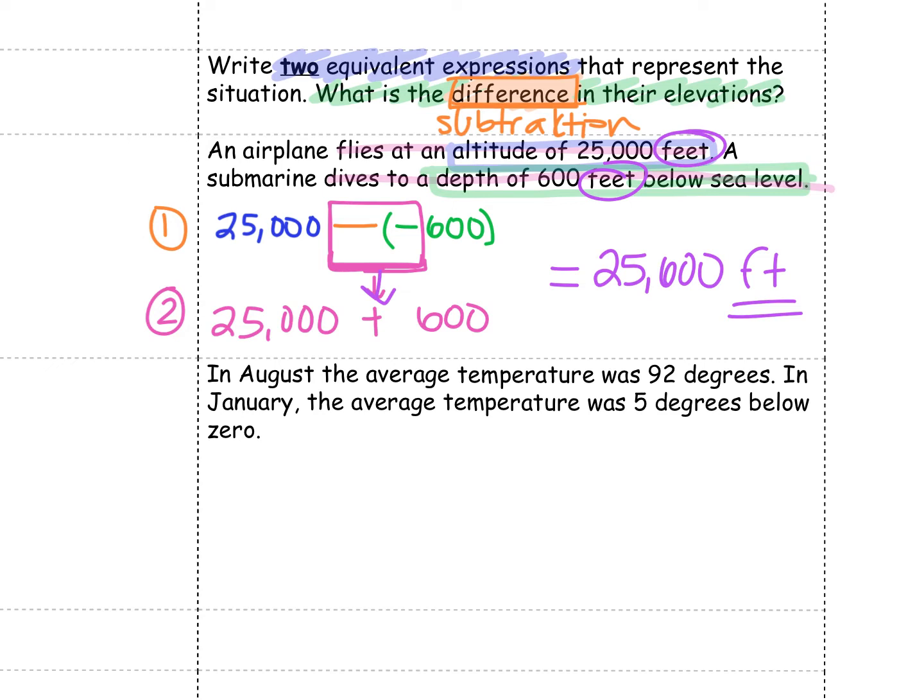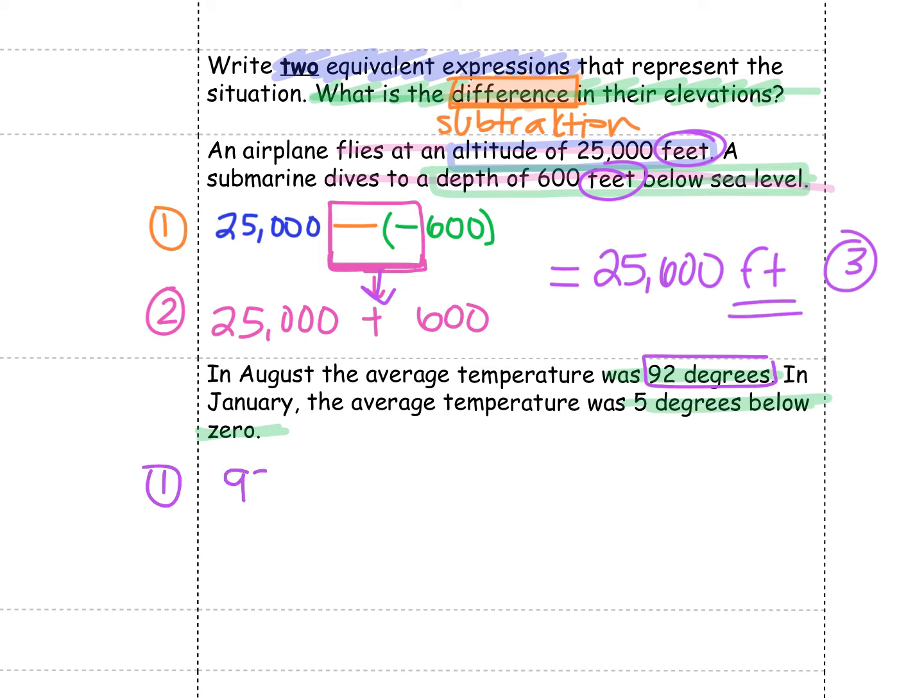In order to get these questions correct, you need all 3 things. You need both expressions, and the third part is the labeled answer. Next, in August, the average temperature was 92 degrees. In January, it was 5 degrees below 0. What is the difference? So first, my first expression, think about our numbers. We have 92 degrees.